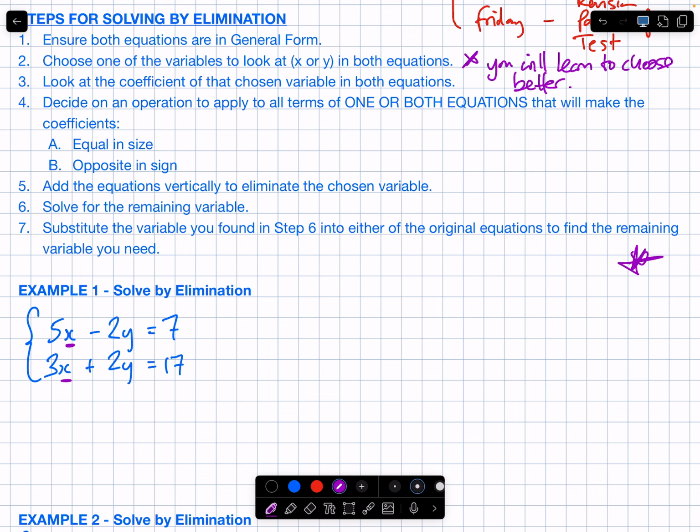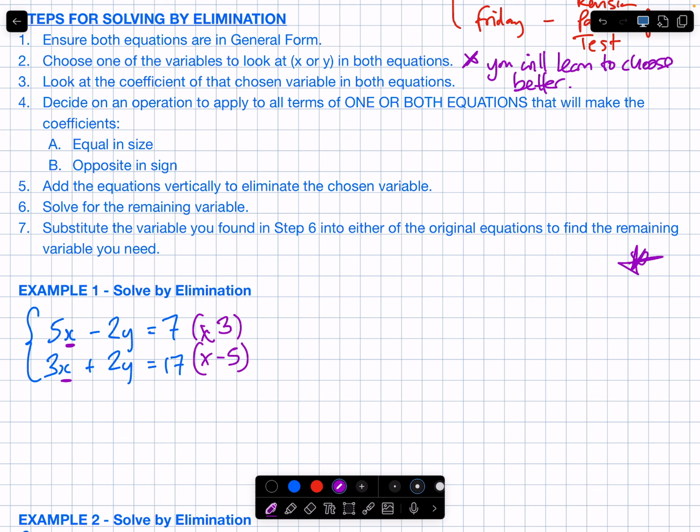So if I times the top by positive 3, and I times the bottom by negative 5, are the coefficients of x going to be the same size, 15, but opposite in sign? Yes or no? Let's do it.